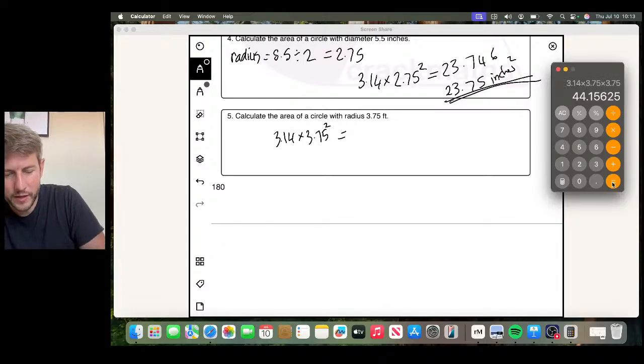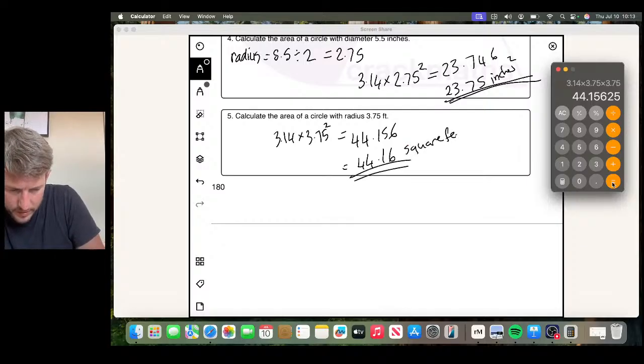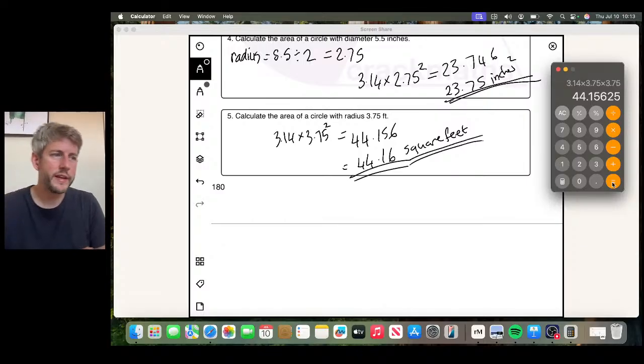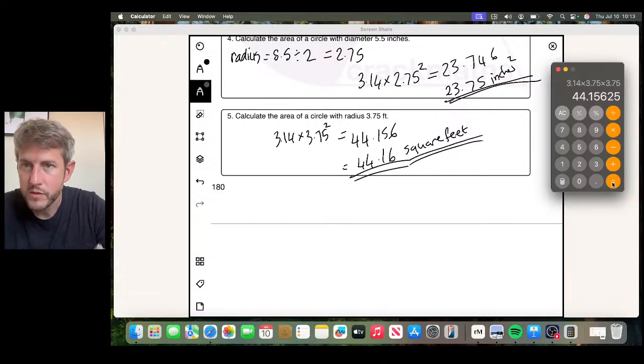Okay, there we go, and that equals 44.156, which equals 44.16, and that's square feet. Okay, units are always important in area questions.